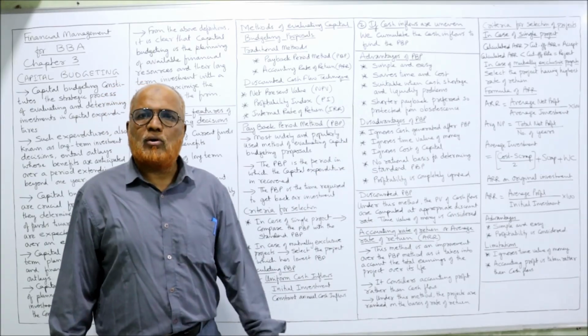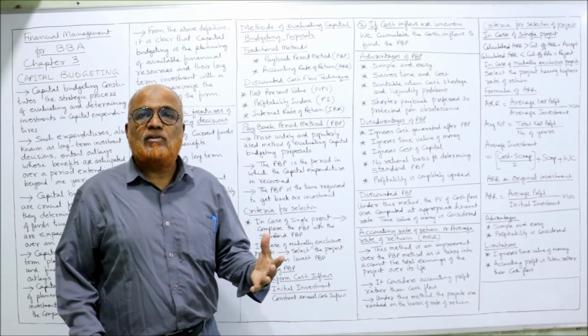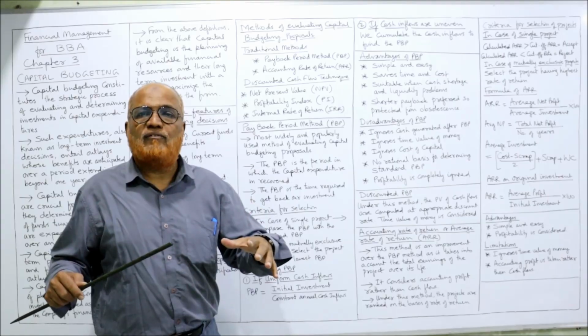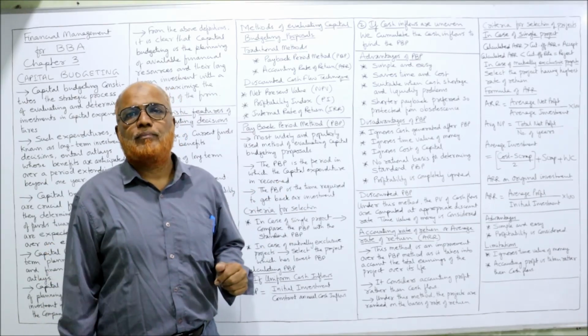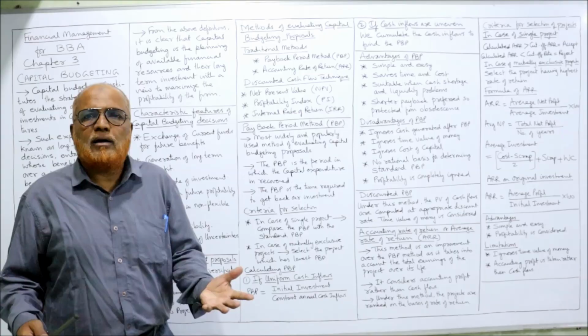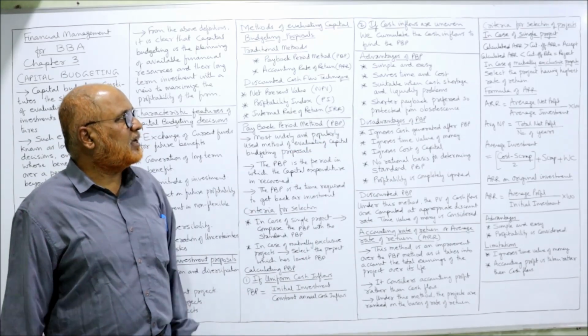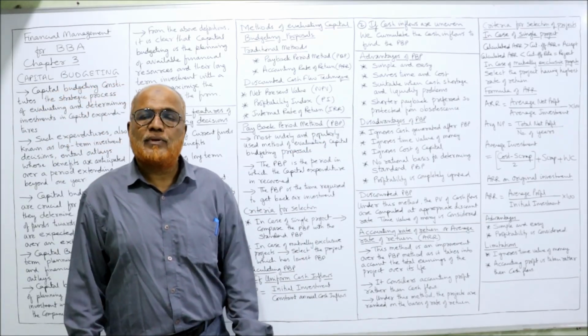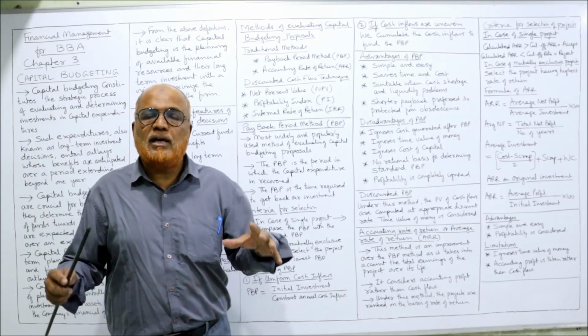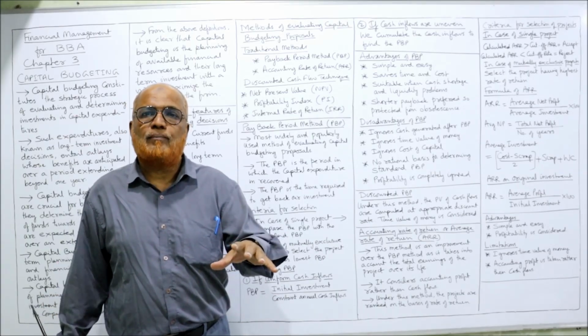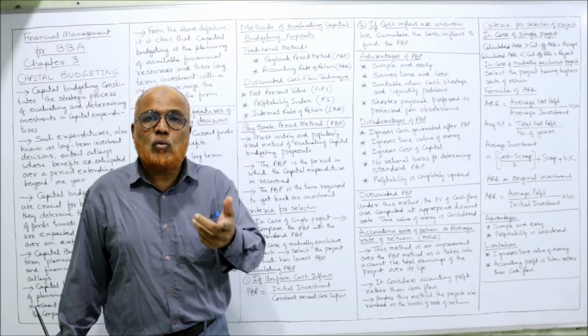Second, saves time and cost. Other techniques will take a lot of time, a lot of effort, a lot of knowledge. But this will not take much time. Thirdly, suitable when cash shortage and liquidity problem is there. Normally this PBP is better in those businesses which are facing cash shortage problem, liquidity problem.